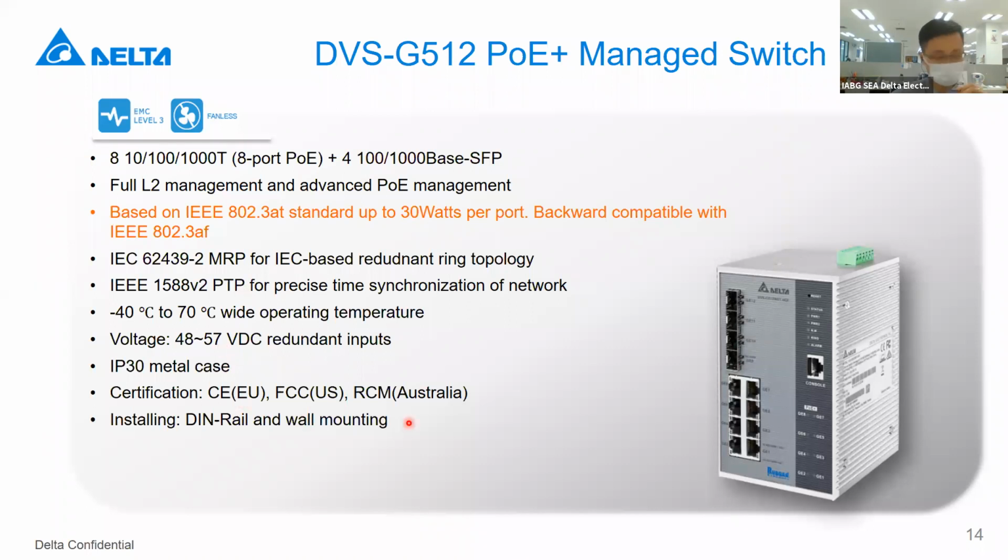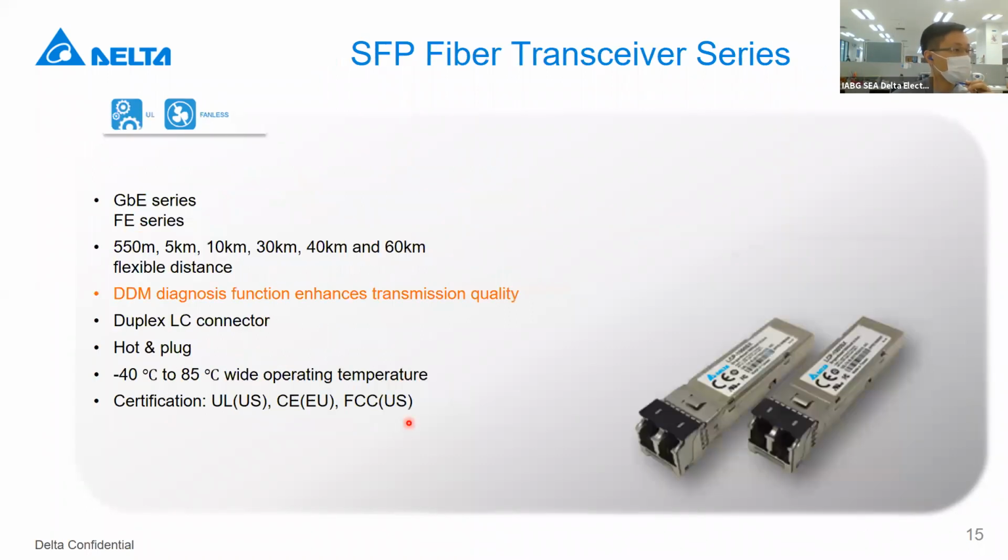Okay, next one. Oh, okay. And also we do have the SFP fiber transceiver series. But for Delta, we only support the LC connector. If you know these cables, for the fiber, I think in the market right now there are two types, LC and SC.